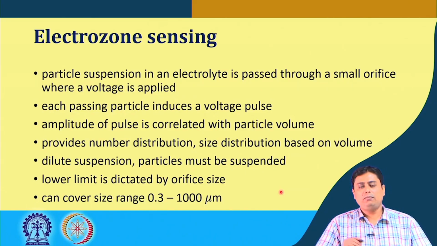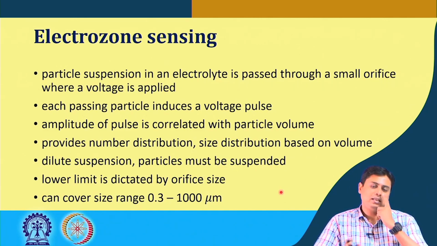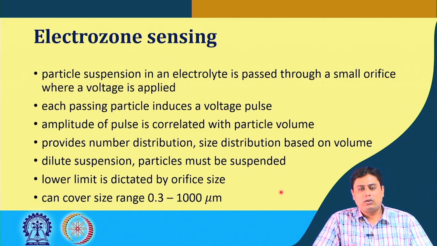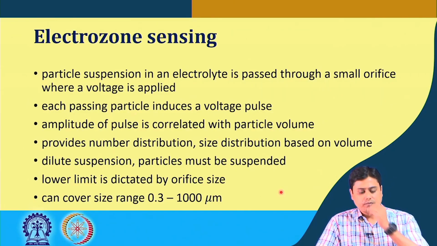So, each passing particle induces a voltage pulse, and the amplitude of this pulse is correlated with the particle volume, which is directly the displaced electrolyte volume, equal to the particle volume.